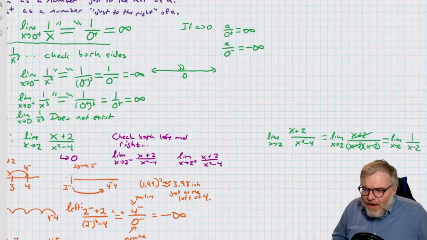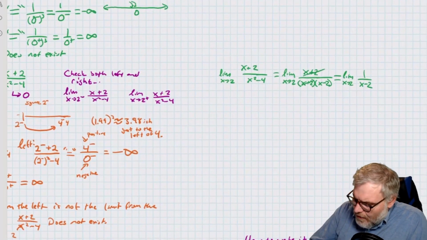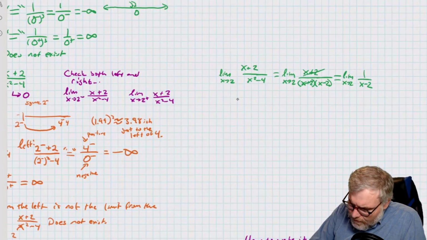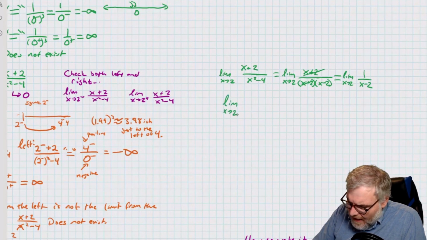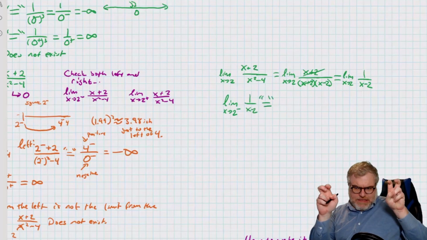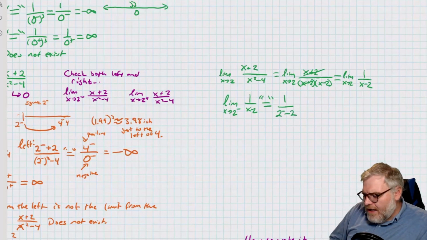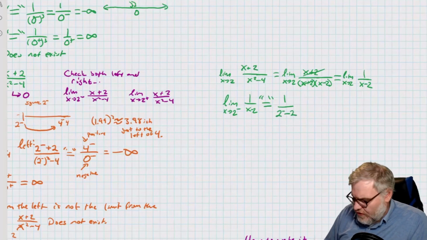Okay, so now I check the limit as I go from the left and the right. If I have the limit as x goes to 2 from the left of 1 over x minus 2, that equals 1 over 2 left minus 2. Now, where is 2 left minus 2?